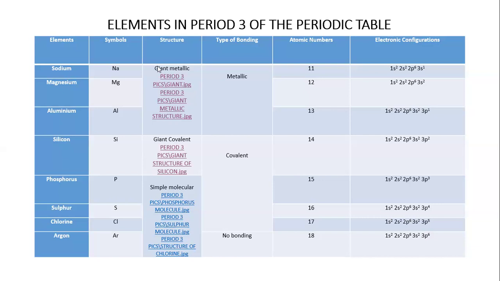Someone is telling me that the teacher would consider silicon to be having a tetrahedral structure since the others are diatomic. Not at all. Silicon has a giant covalent structure.